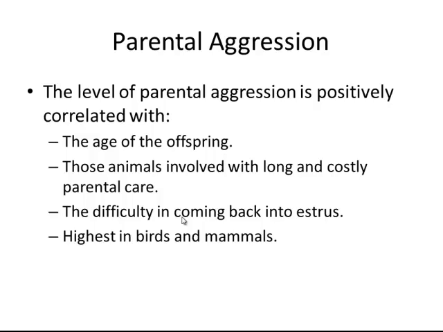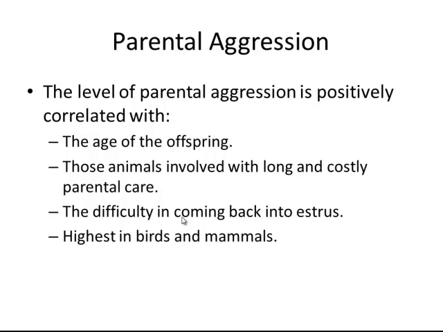If the pups were just born, the female rat can go back into estrus and have more pups quickly. But if she's already put a lot of time into these pups, it might be more evolutionarily important to protect those animals than to try to make new pups. It's all kind of a balance.